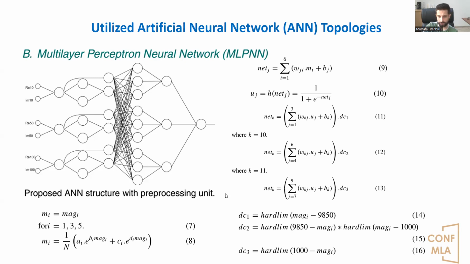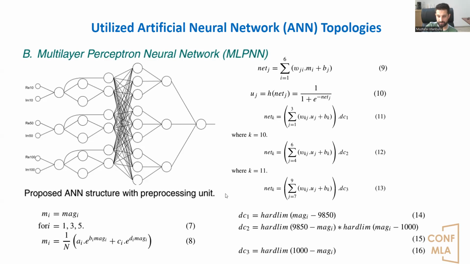In the first 2 layers, the magnitude of each real and imaginary pair is applied to the exponential function after multiplication with Bi and Di constants. Outputs of exponential function units are multiplied by Ai and Ci constants before summation.